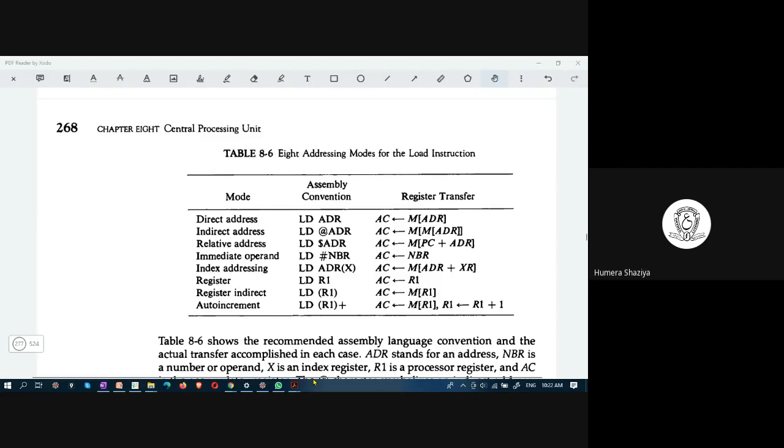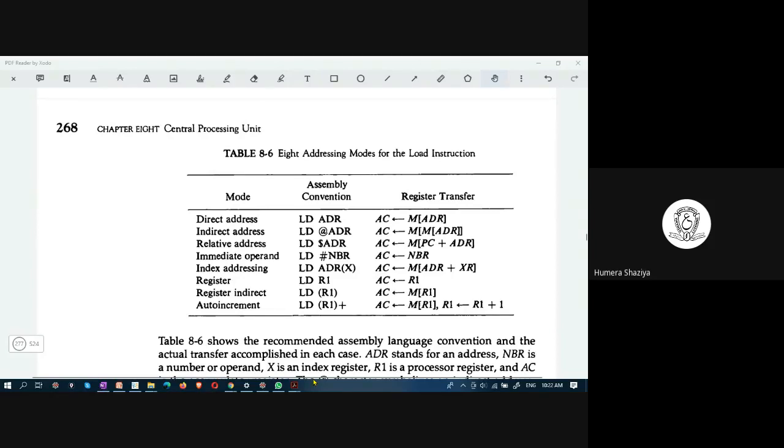ADR is the address component of the instruction register, that is added to the program counter. Together they identify the address of the memory, which yields the operand stored at this memory location, and that is brought into the accumulator. Relative address is denoted by dollar.